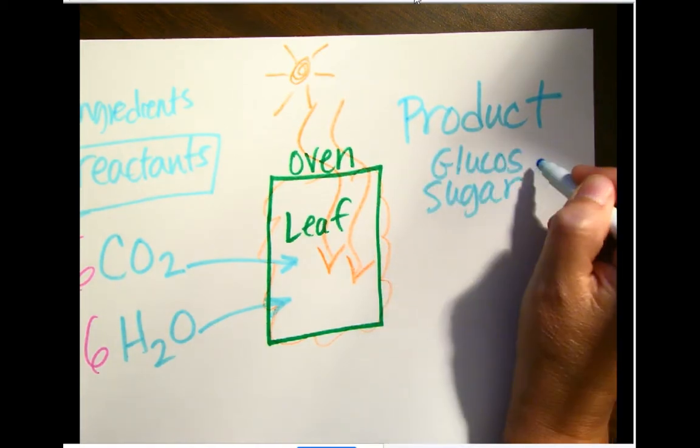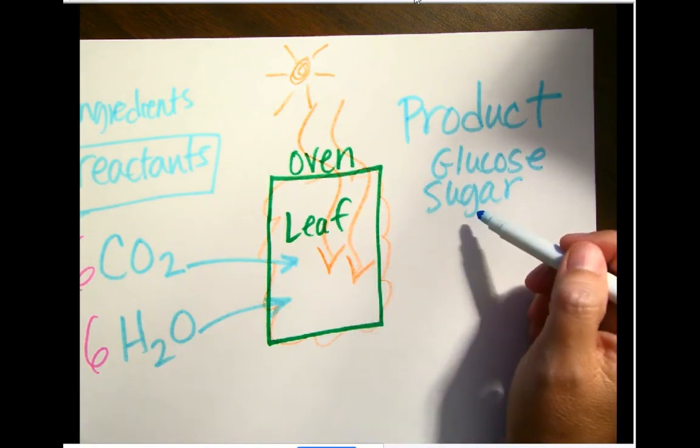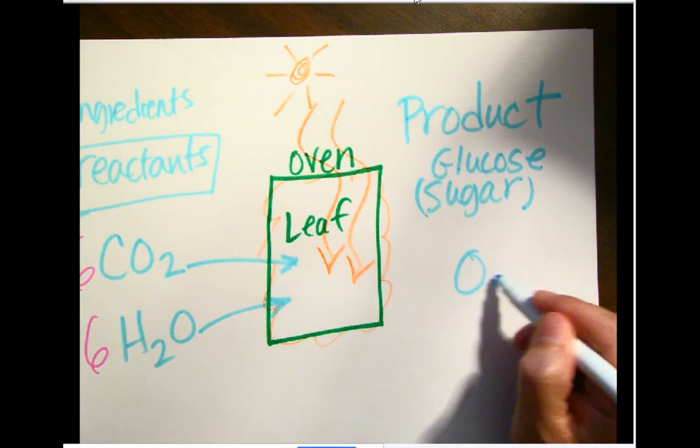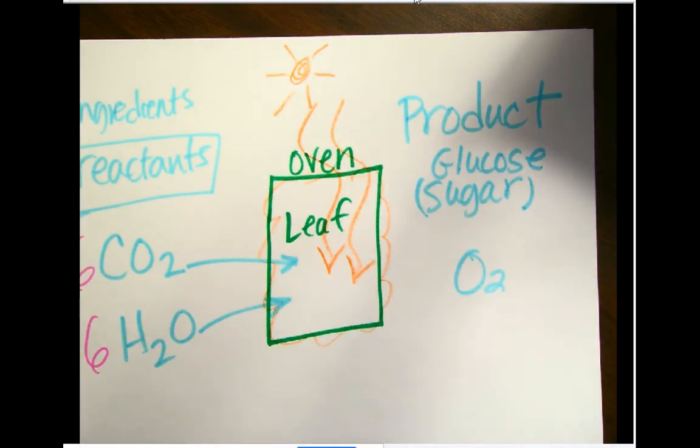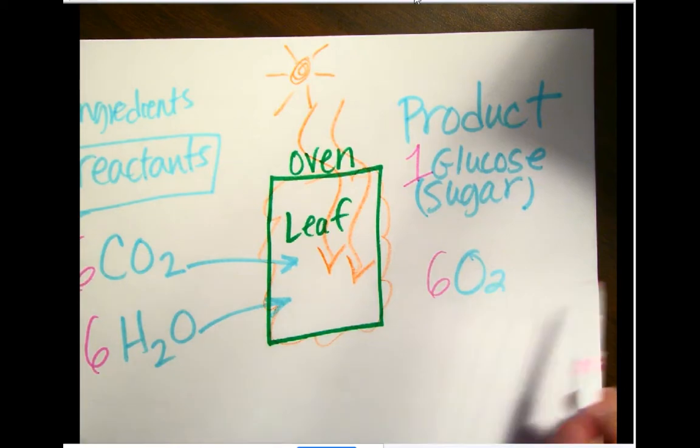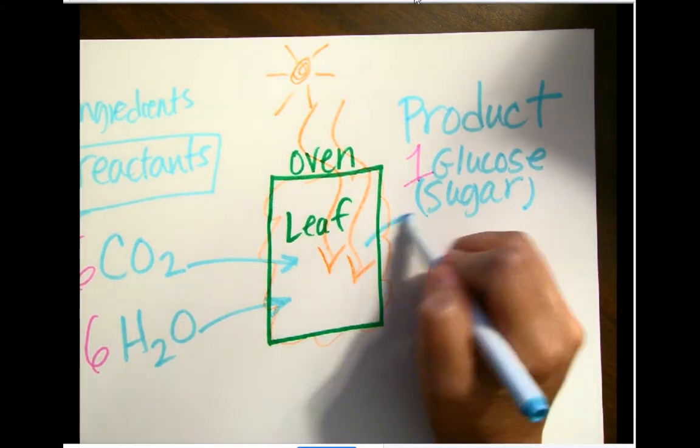There's different types of sugars. Specifically, plants make glucose, okay? And then we also get oxygen. This is the type of oxygen that we breathe, okay? But we only get 1 glucose molecule out of this, and we get 6 oxygen molecules into the atmosphere, okay? So these are our products.